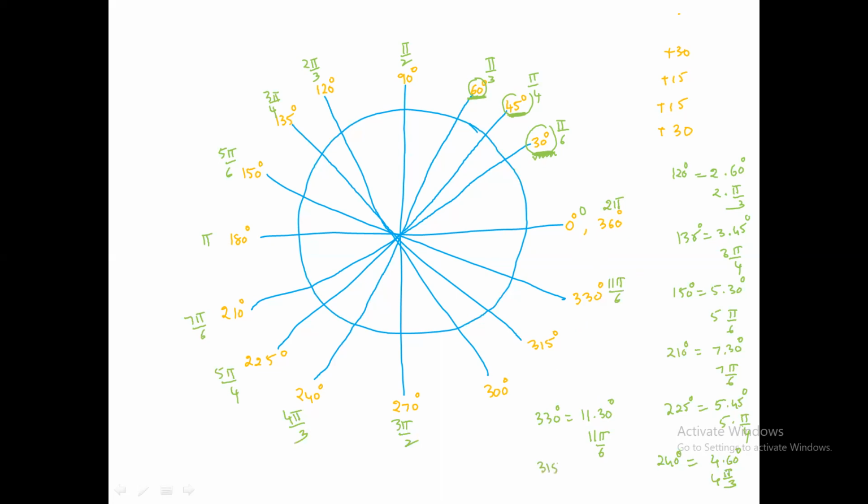For 315, I will use 45 again. 7 into 45 degrees is 315. That means 7 into pi by 4. So here I will write 7 pi by 4.